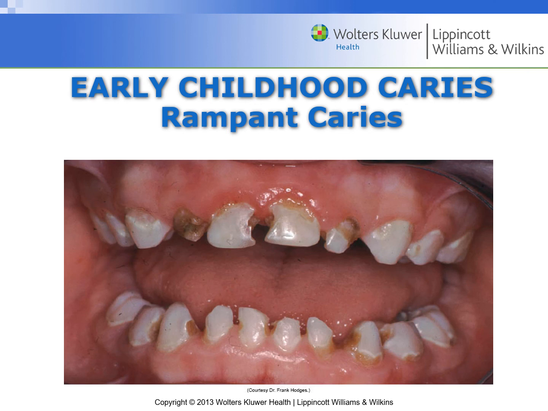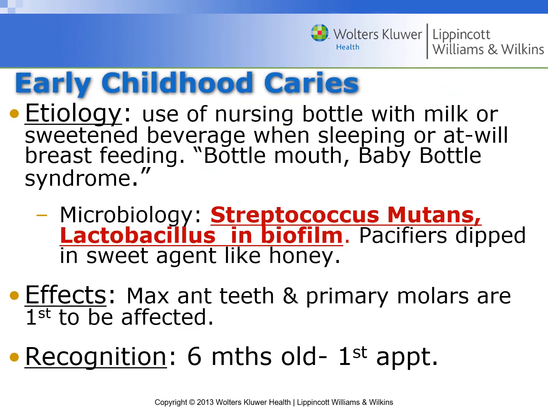So this is sometimes what they would call milk bottle mouth, but this is rampant decay. It's almost over every tooth. So the cause is a nursing bottle with milk or sweetened beverage when sleeping, or at-will breastfeeding, and not taking care of their teeth afterwards.